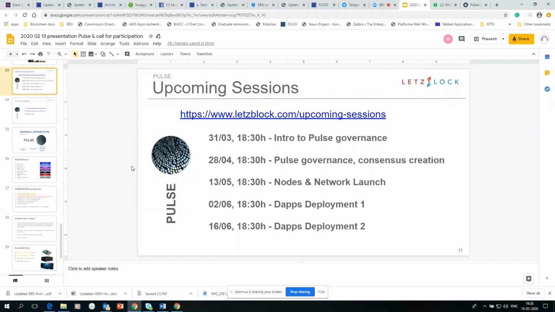Based on the specifications that we will be posting, we will need you to come with your physical material on the 13th of May, because that is the moment where we will start and launch the network and launch the nodes, okay? So for the immediate future, that is what is expected from you.